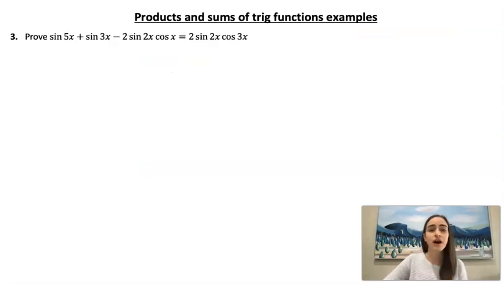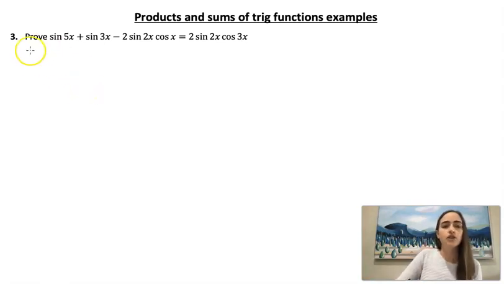Our last example asks us to prove that sine 5x plus sine 3x minus 2 sine 2x cos x is equal to 2 sine 2x cos 3x. All right, so we're going to start with the left-hand side of this and manipulate it until we end up with the right-hand side. First, I'm going to look at rewriting these first 2 terms.